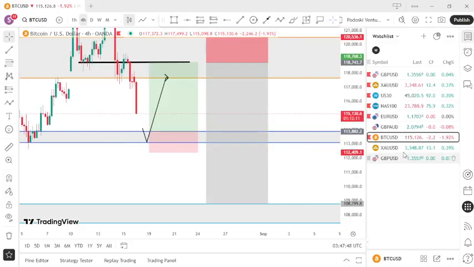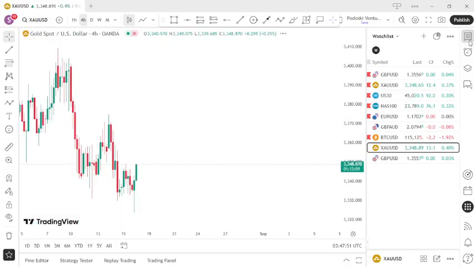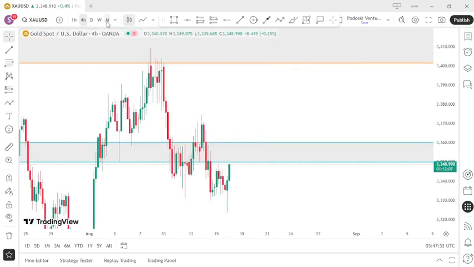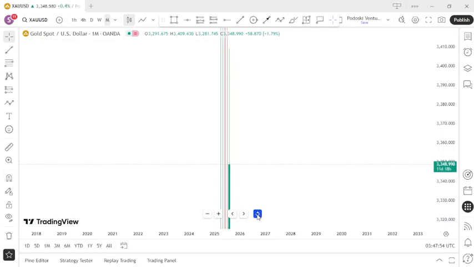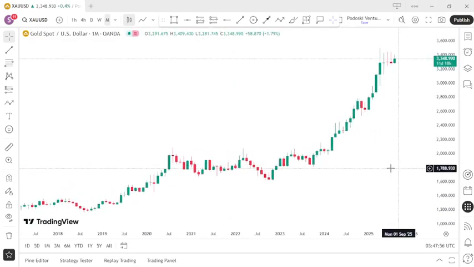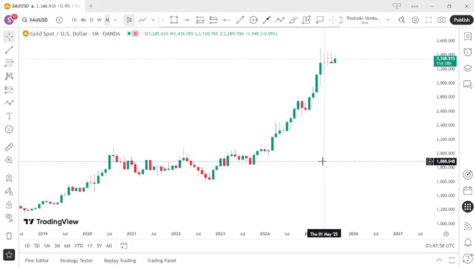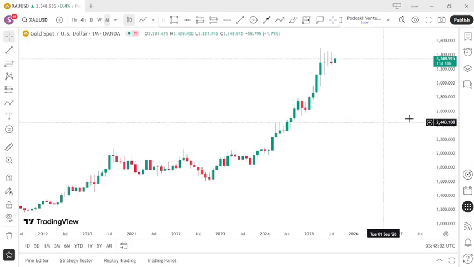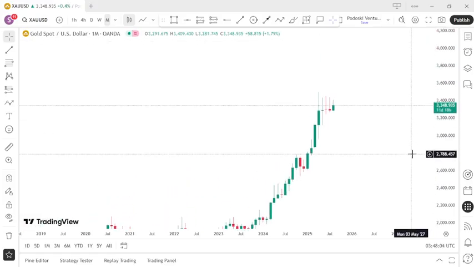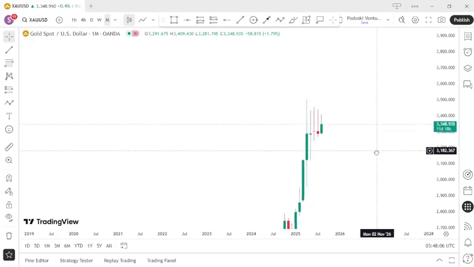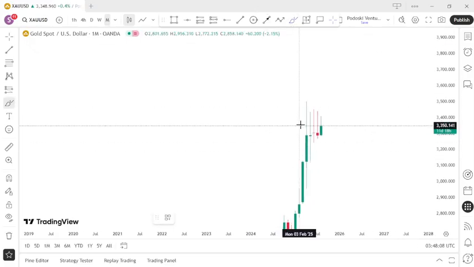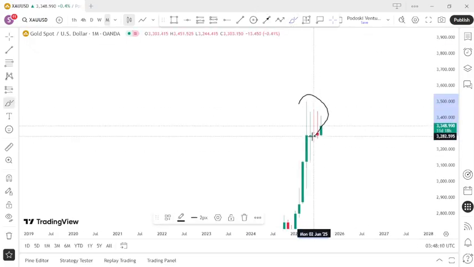The next pair is gold. Okay, so on gold, we are going to be looking at the monthly time frame, even though we are not starting from the monthly time frame. If you watch gold closely for the past couple of months, there's been this strong rejection at this particular zone.